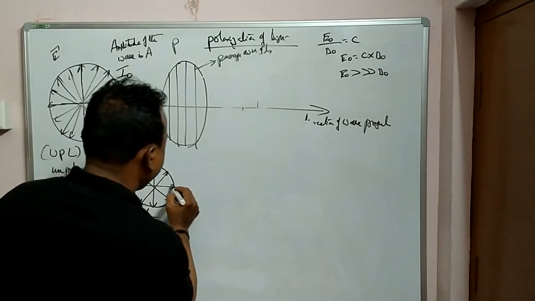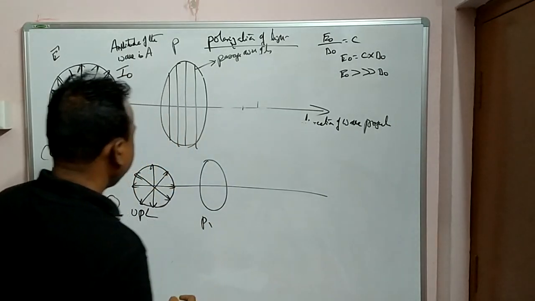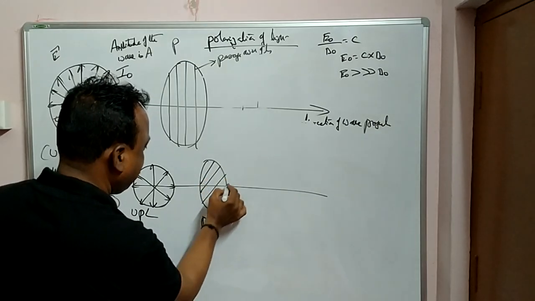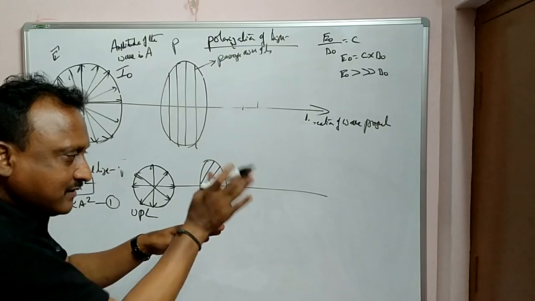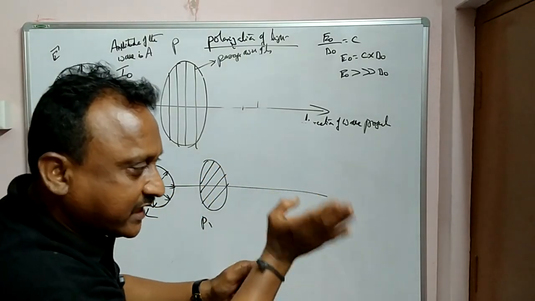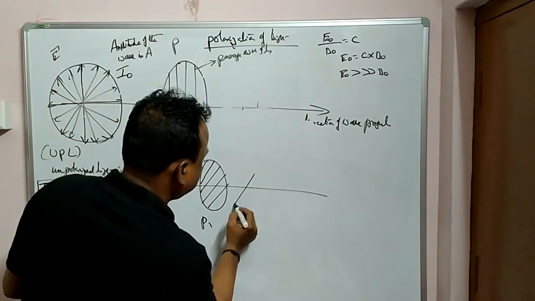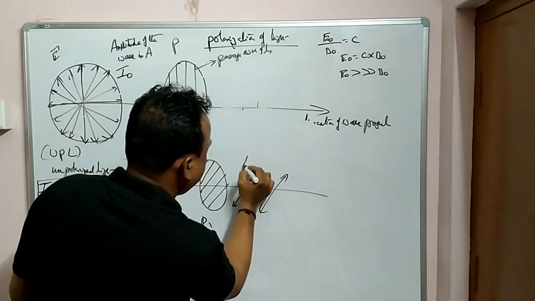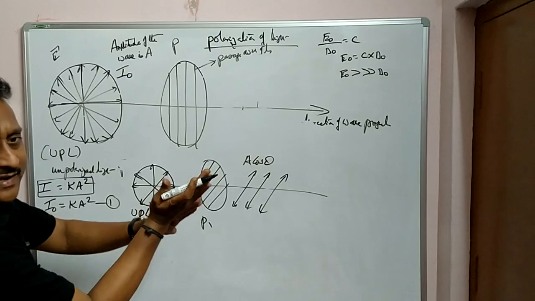In this case also, if you pass it through a polaroid P1, what happens? It passes only these components, and the horizontal, A cos theta, only those will come outside. See here, A cos theta, that means this polaroid is kept at some angle theta.